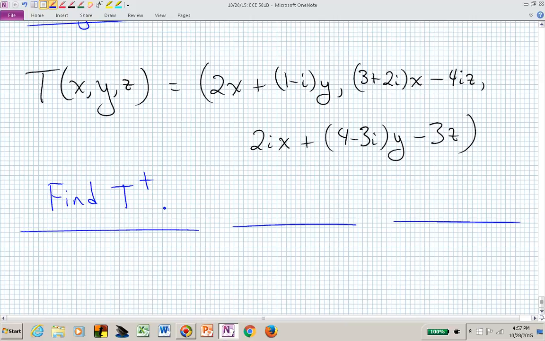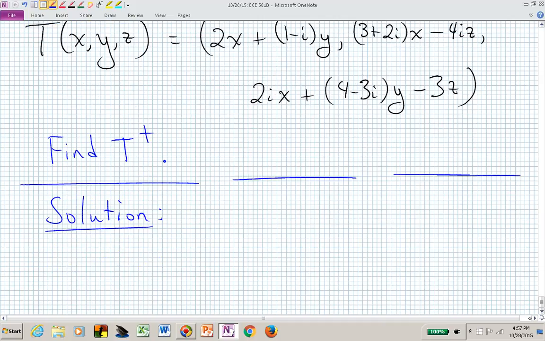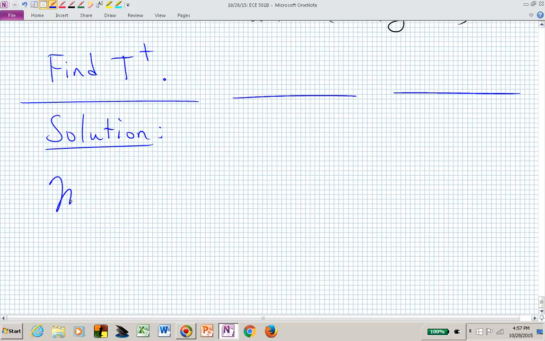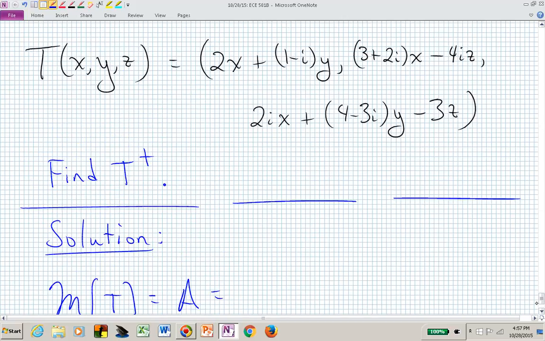Let's try that. What's the matrix? So here's our attempt at a solution. What's the matrix representation of T? I'm going to call it A. And unfortunately, my screen's not big enough.